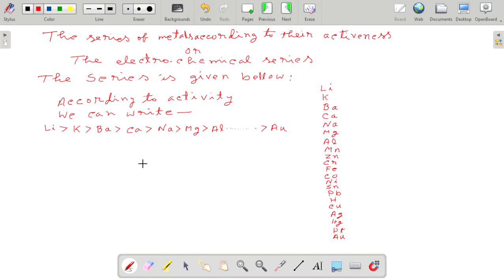Now we will discuss metal extraction processes. There are a few metal extraction processes according to the activeness of the metals in the electrochemical series. So we will write the processes by numbering 1, 2, 3, etc. First of all, the process is electrolysis.